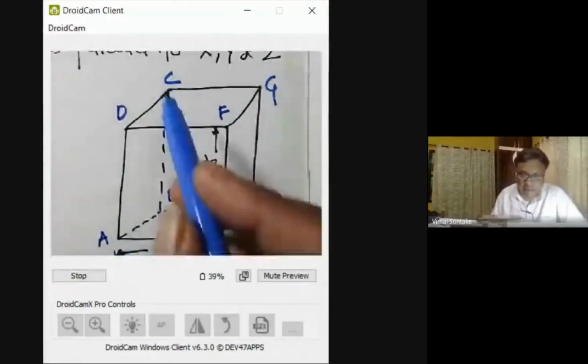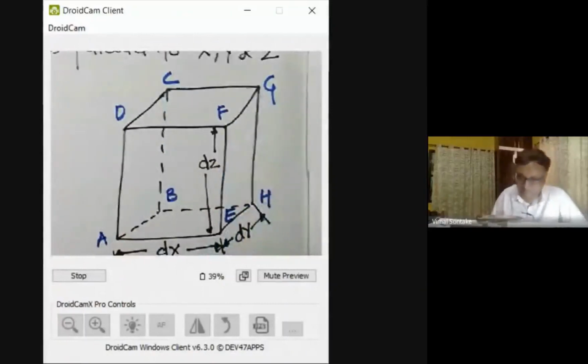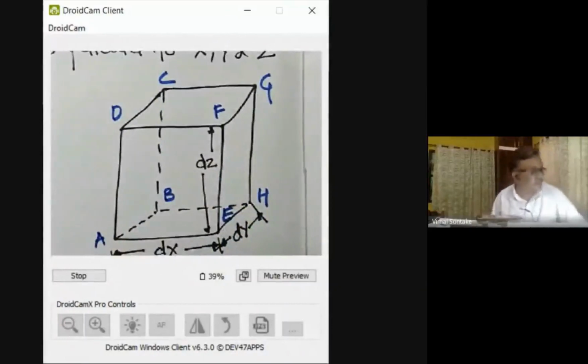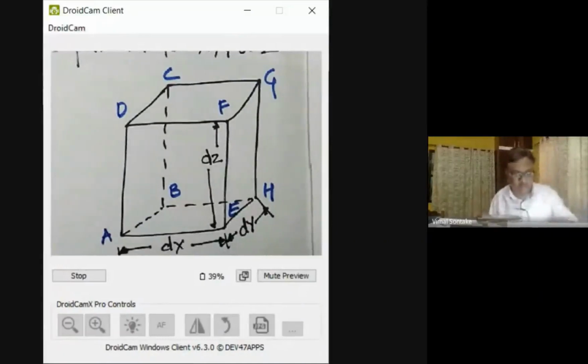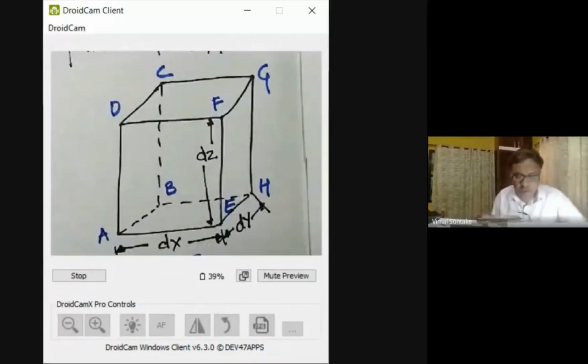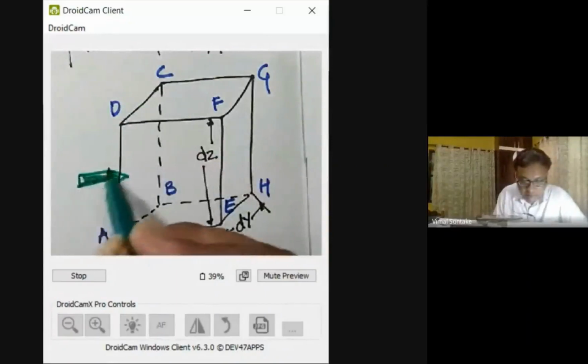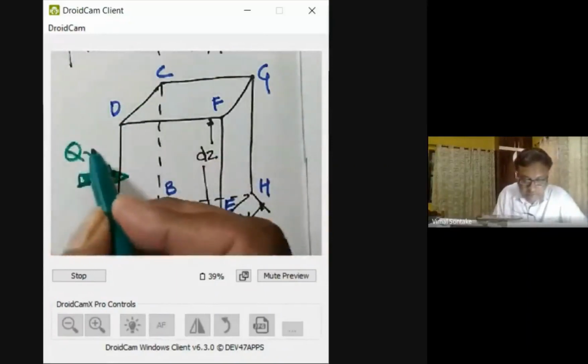A, B, C, D, and E, F, G, H. Let's say heat flow into this element at a distance of x and perpendicular to the left face A, B, C, D is Qx.